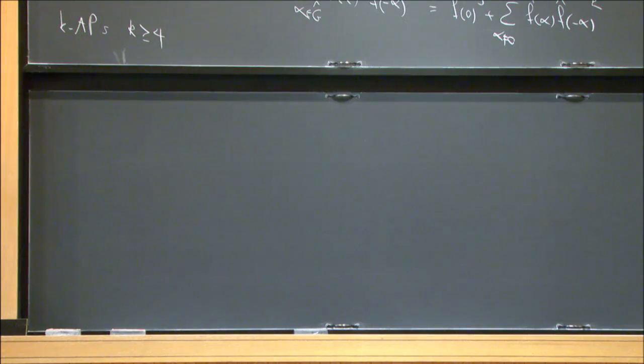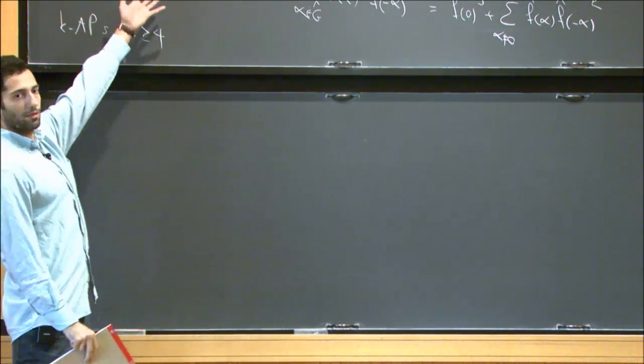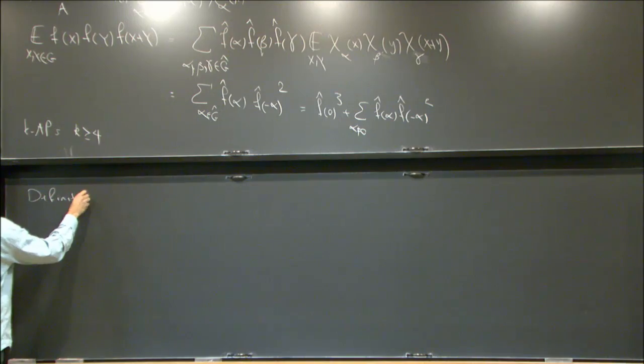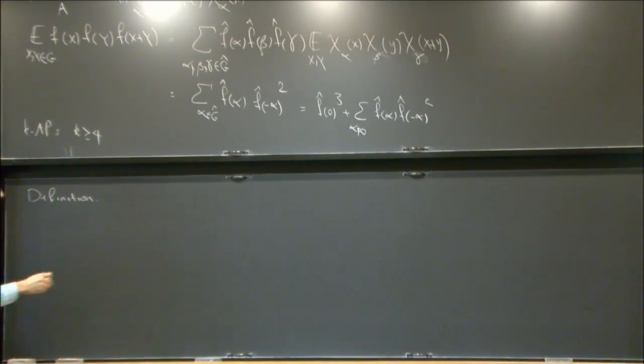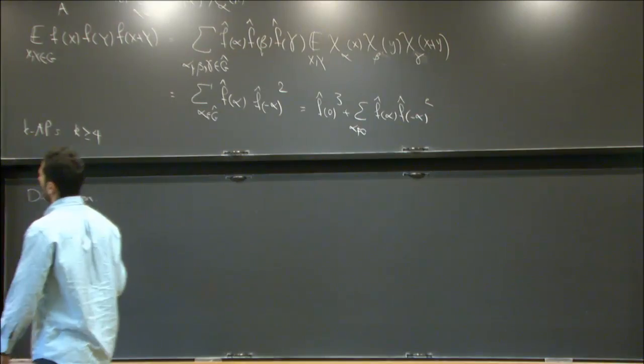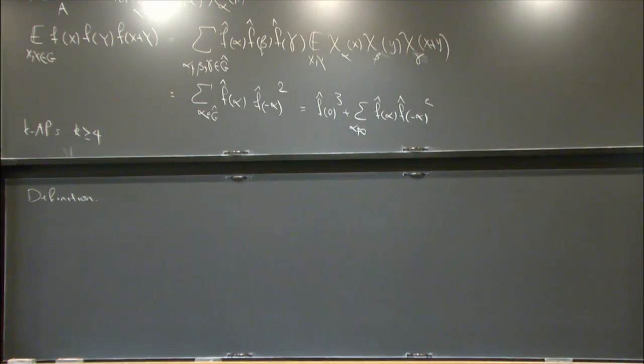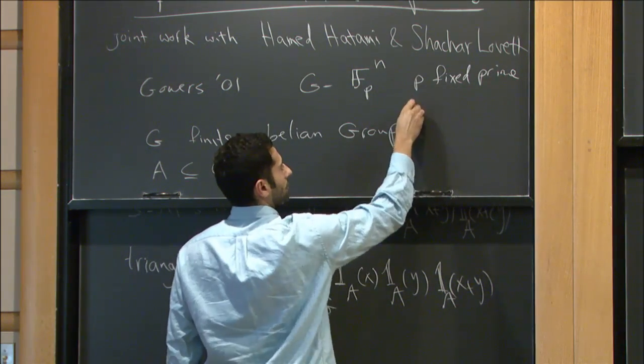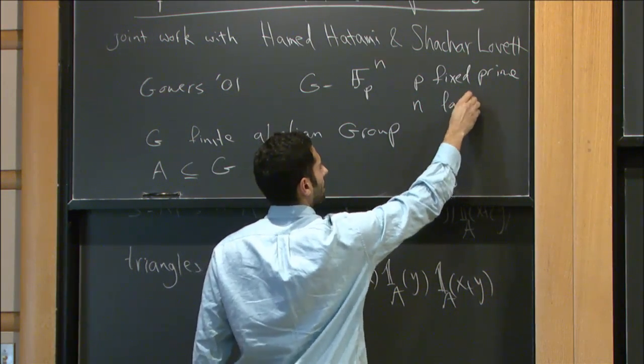So we want to more generally talk about just systems of linear forms. So let's make a definition. So formally, what do I mean by a linear form? And actually, for the rest of the talk, I want to focus on only the case where G is the group F_p to the n. p is a fixed prime, and we think of n as a large integer.